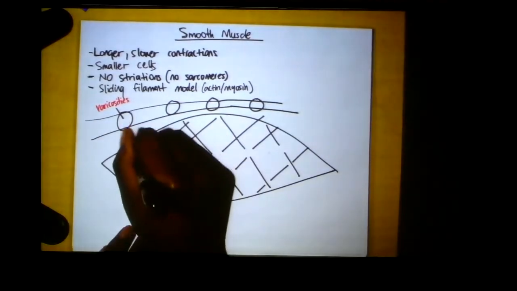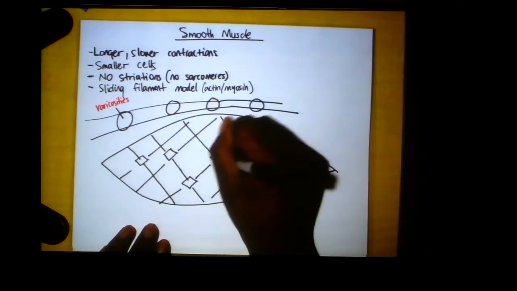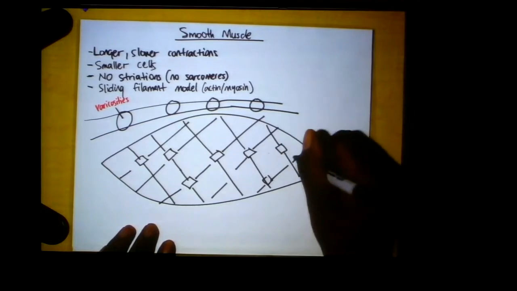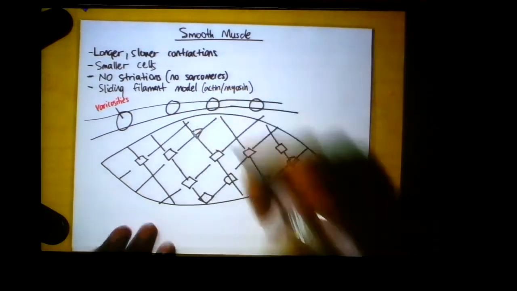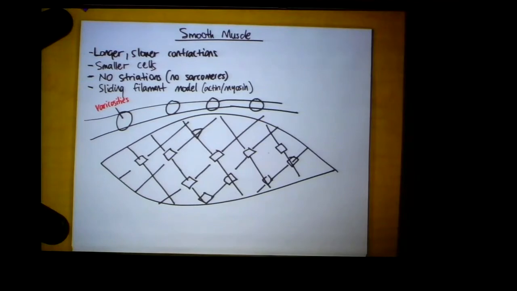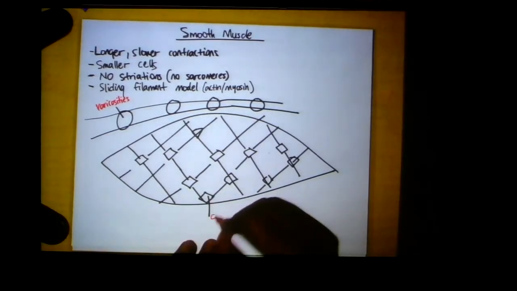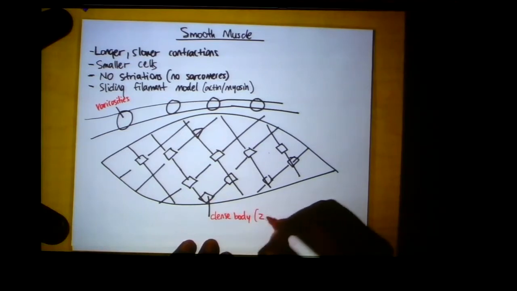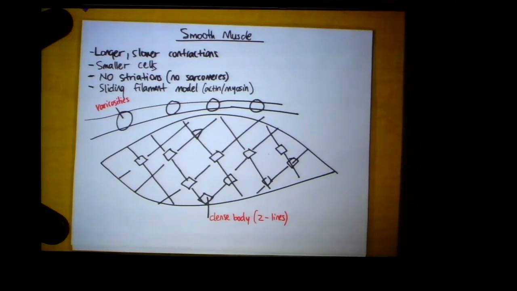At the point where different actin molecules meet, this is called the dense body, okay? It's kind of getting messy here, but you get the point. So where these two actin cross, this is called the dense body. And as I mentioned earlier, this is synonymous to the Z lines or the Z discs, okay?